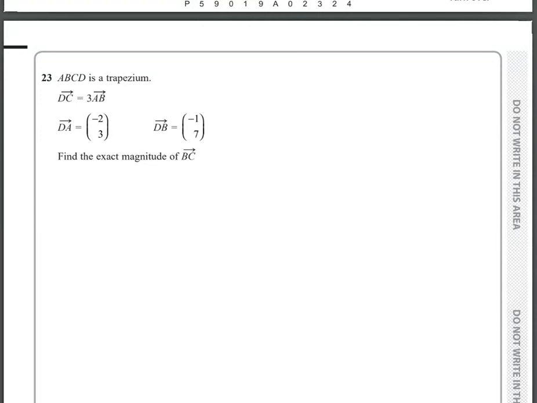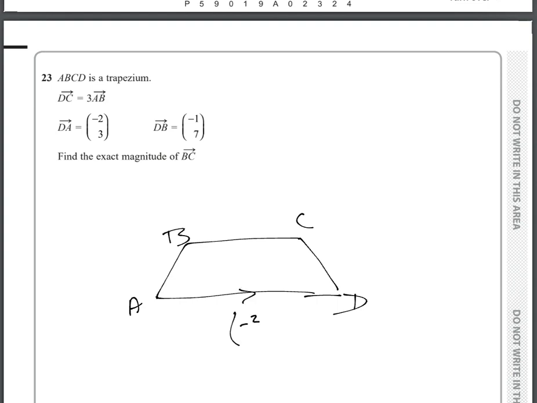ABCD is a parallelogram. So let's draw it. Sorry, it's a trapezium. Something like that. A, B, C, D. They always go around in order. So A to D is minus 2, 3.